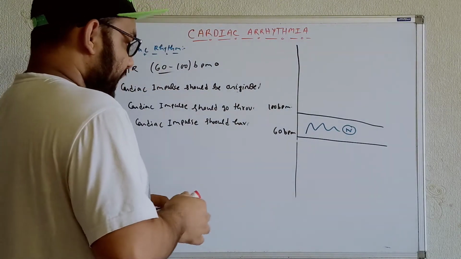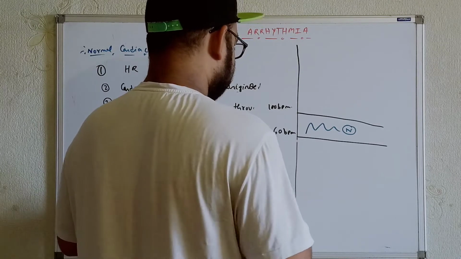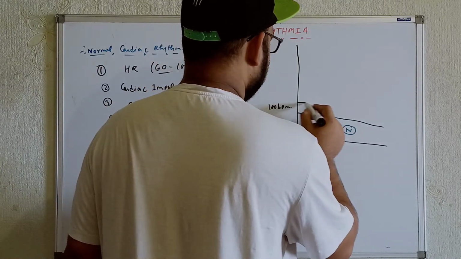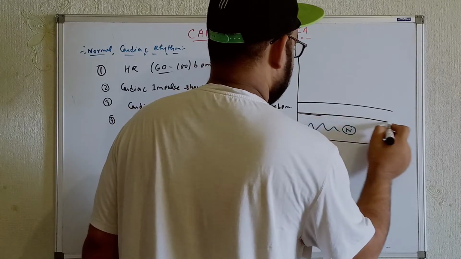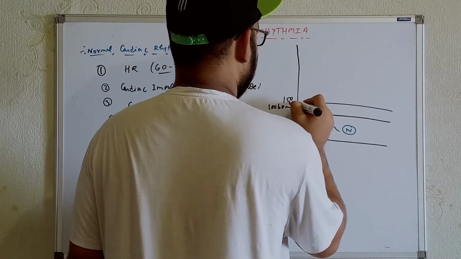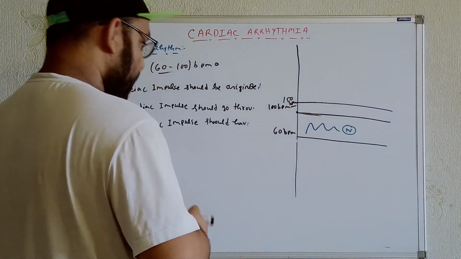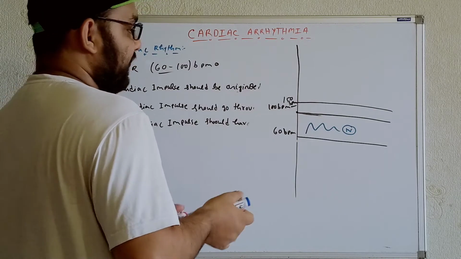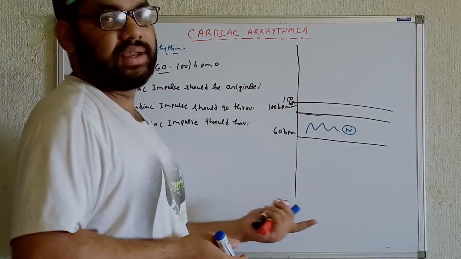Now, whenever we are getting, for example, from 100 to 150, let's write it over here. Whenever we are getting 100 to 150 beats per minute, this will be regarded as simple tachyarrhythmia, because we know that whenever the heart rate gets increased, that is known as tachyarrhythmia.